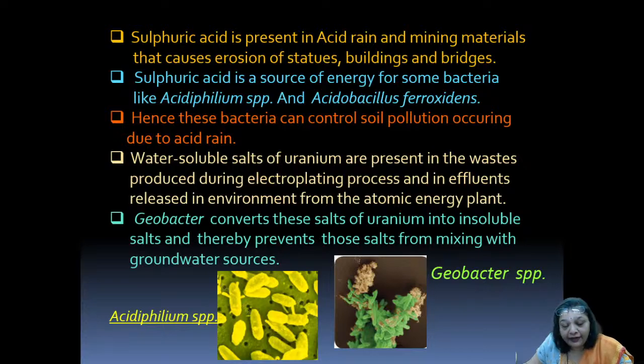The Geobacter bacteria converts these soluble salts of uranium into insoluble salts, and thereby it prevents those salts from mixing with the groundwater sources during leaching. Okay, so the Acidophilium species and the Geobacter species play an important role in preventing pollution due to acid rain, as well as due to the effluents which are being let out, causing damage to the environment. Right.